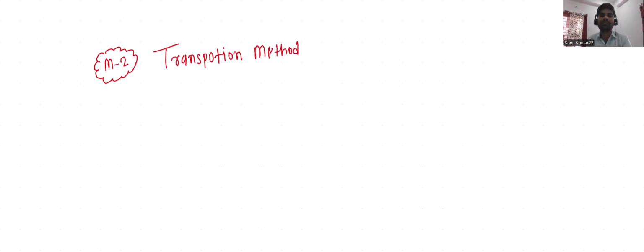In this method, what we are doing is transferring the term. Plus goes to the right side as minus, and minus goes to the left side as plus; the sign is changed. We are going to discuss that.